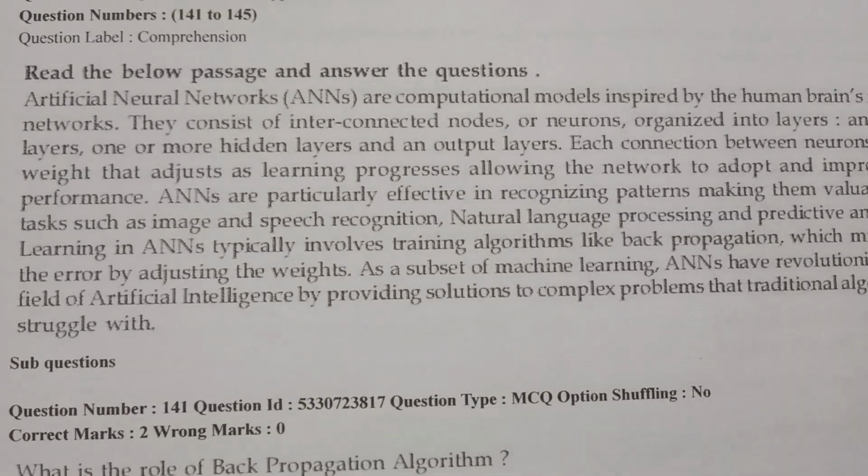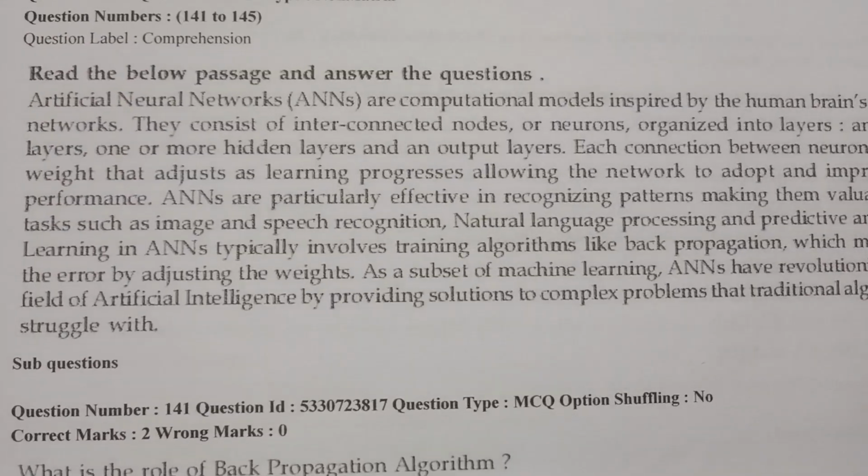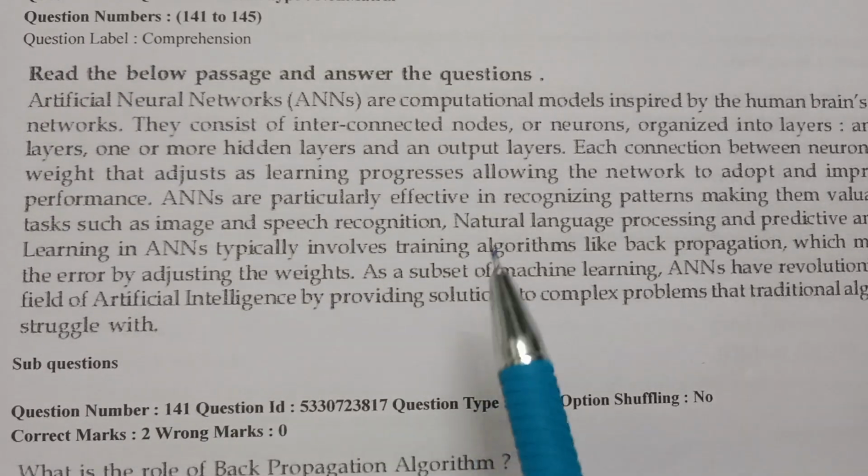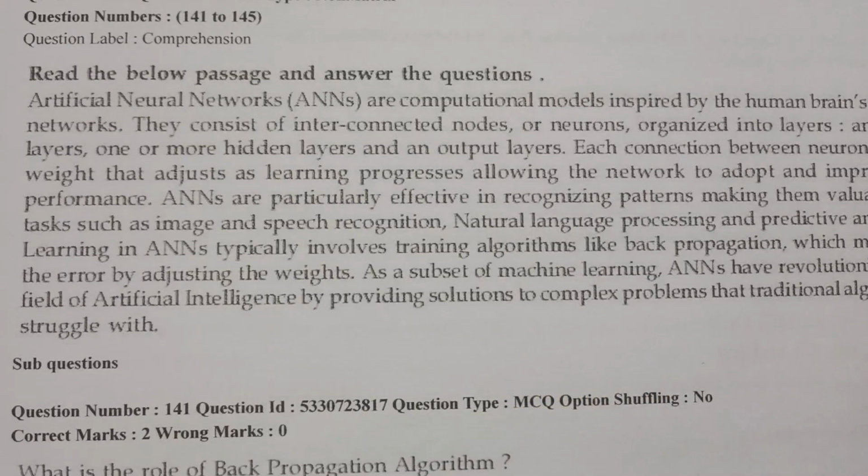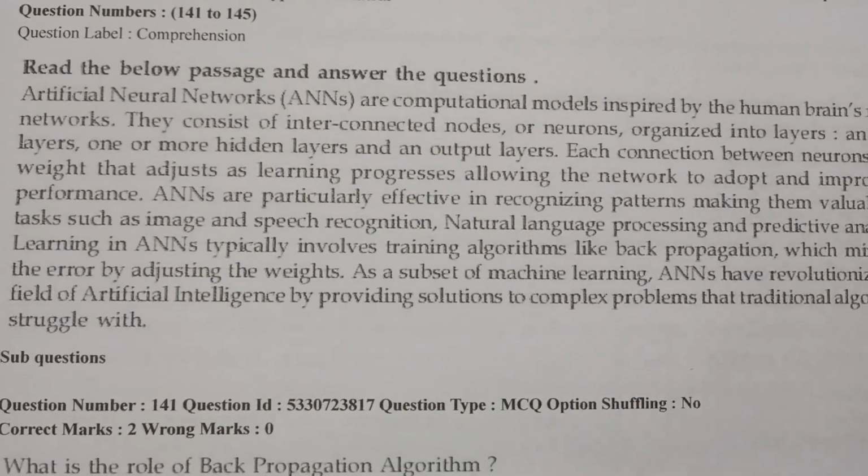So next question is a comprehension question. You have to read the passage and answer the questions. Artificial neural networks (ANNs) are computational models inspired by the human brain's neural networks. They consist of interconnected nodes or neurons organized into layers: an input layer, one or more hidden layers, and an output layer.